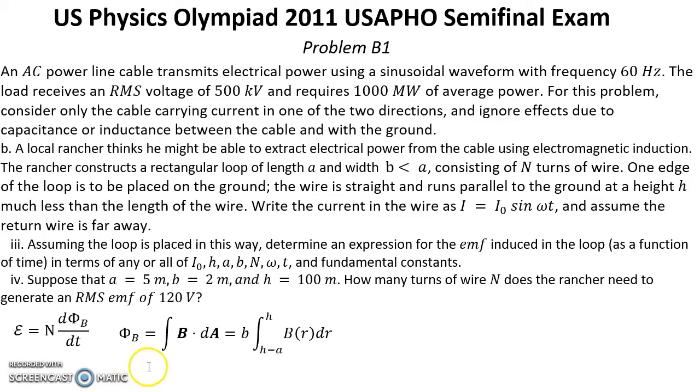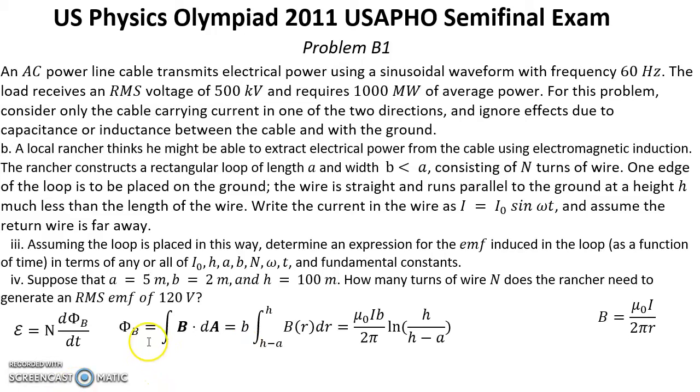The magnetic flux will be this integral B dA, where A is the area of small parts of this loop, and due to some kind of symmetry we can represent it in this form. And now we can use this expression for magnetic field and put it in this integral.